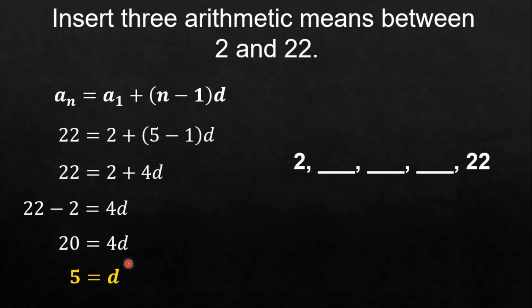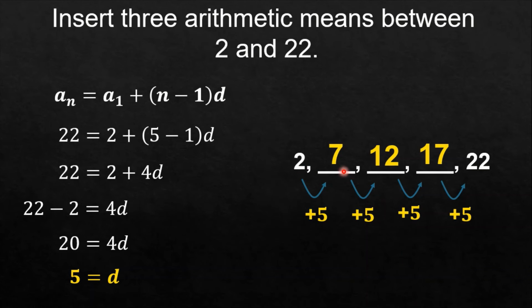So, anong purpose ni 5? So, yun ang i-add natin sa 2 at sa mga susunod pang terms. So, we have 2 plus 5 is 7, 7 plus 5 is 12, 12 plus 5 is 17, 17 plus 5 is 22. Therefore, the three arithmetic means between 2 and 22 are 7, 12, and 17.